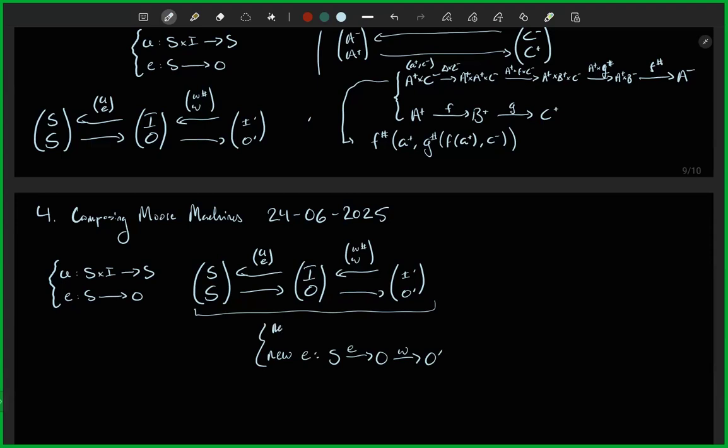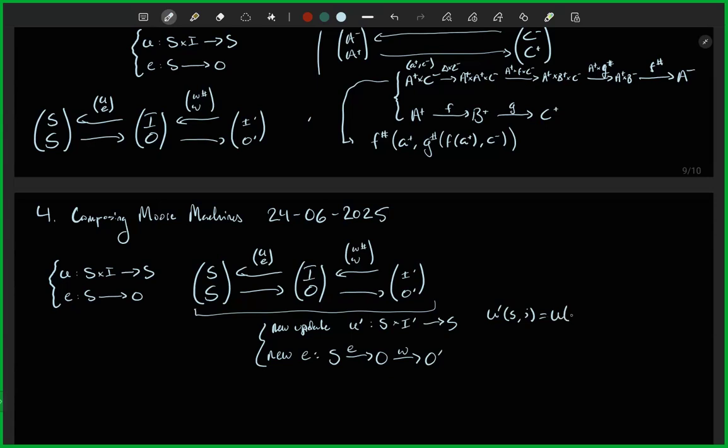And the new update, new U, is U prime, let's say, and it goes from S, and then it takes in an I prime, and it gives me a new S. And the formula for that is up above on the screen. It is U prime of S, I prime equals, now we use the F sharp up here, would be the update U here.